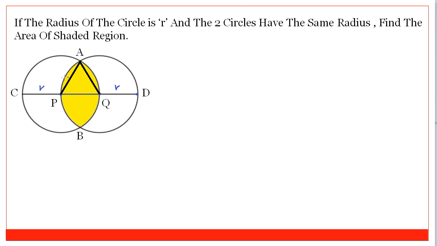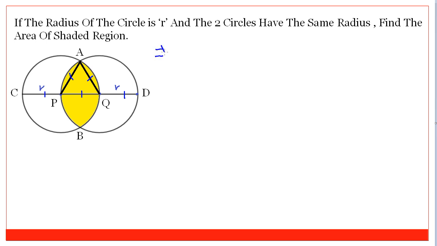See, if the radius of both circles is the same, that is CP equals QD, then AQ and AP must be equal. They are also radii. So this equals this. And PQ is the radius of both the circles, so it also equals AP and AQ.